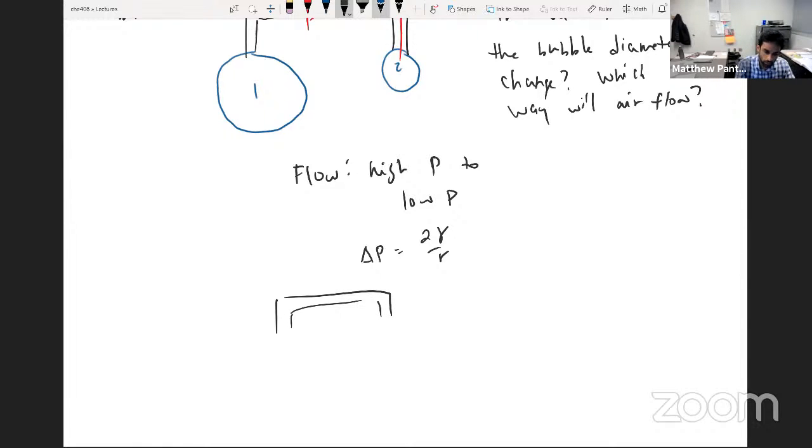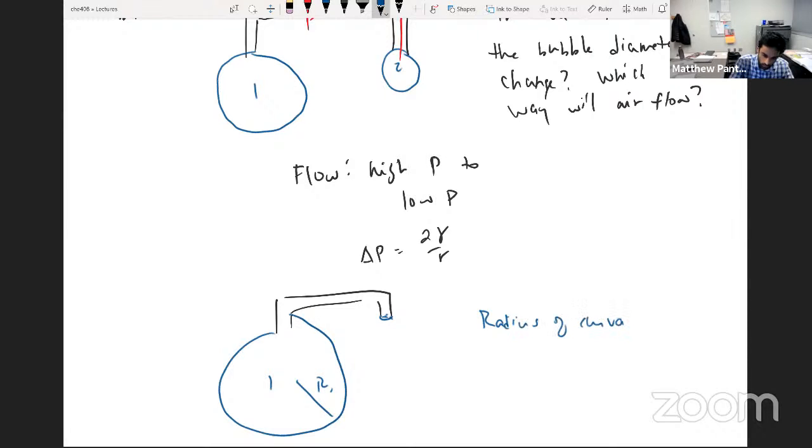So this first bubble will be bigger, and the ending second bubble will have a spherical cap. Let's call this R2. If we consider not the radius, but the radius of curvature, the radius of curvature for 1 will equal the radius of curvature for 2.